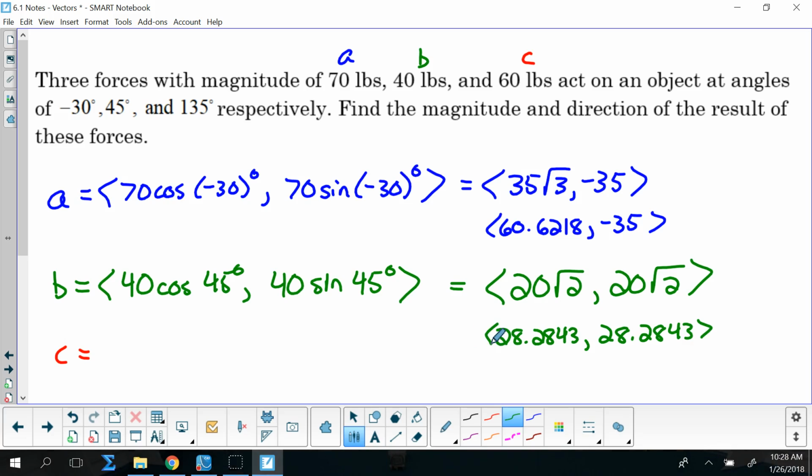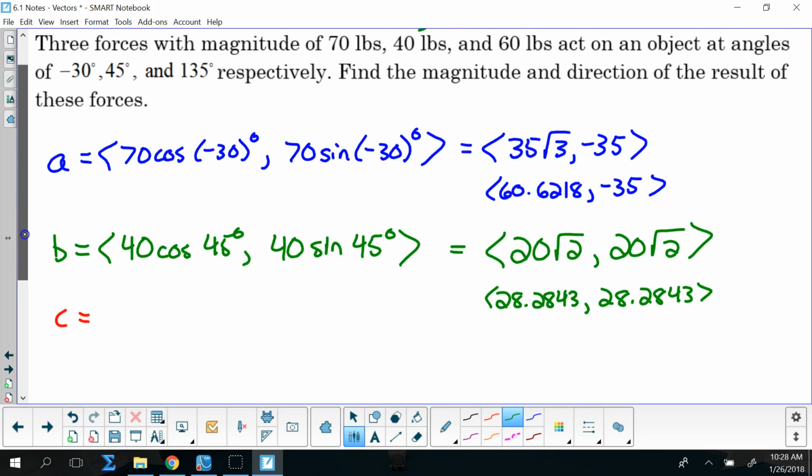And that's fine. The more decimal places that you round to, the better in the early stages. When it gets to the end, if you want to round to tenths or hundredths or something like that, that's fine. But the more that you leave on your calculator, the better.